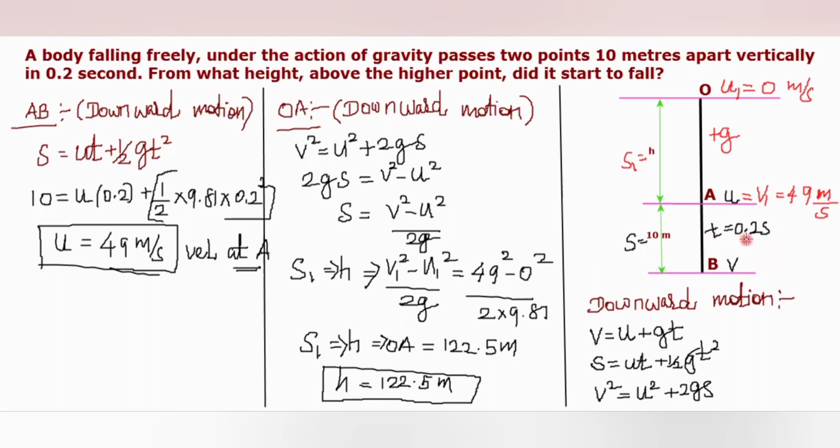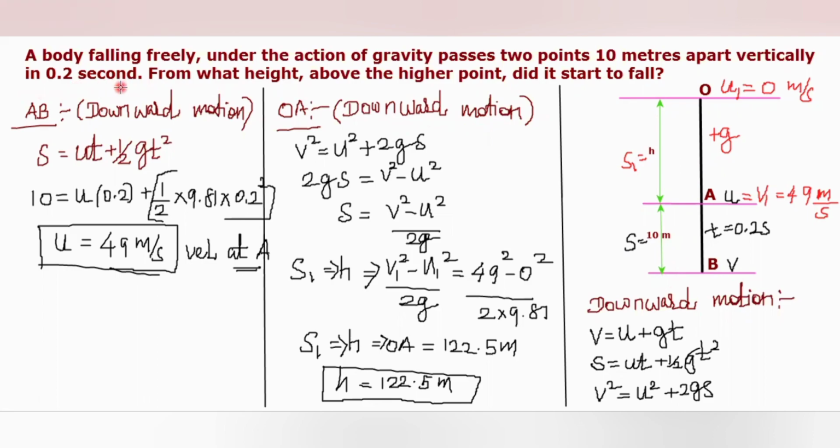As I mentioned earlier, when a body falls downward from a height, here we finally calculated a distance of 122.5 meters, so it's a large distance. In this vertical height we can take any 10-meter distance, but the body will not take 0.2 seconds to cross every 10-meter distance.